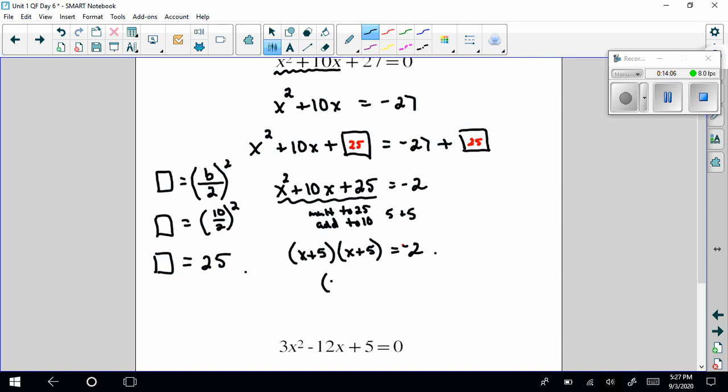So basically I have x plus 5 squared equals negative 2. And this is another situation that if I square anything, I should always get 0 or a positive number. So since this is equal to a negative number, I get no solution.